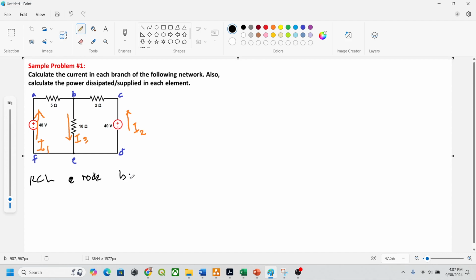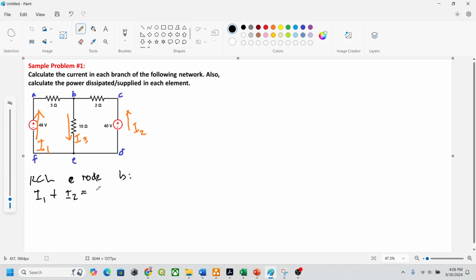B. Remember, when doing KCL, the sum of currents entering equals the sum of currents leaving. For node B, we have two currents entering, I1 and I2. So basically, it will result in I1 plus I2 should be equal to the sum of currents leaving node B, which is only I3.